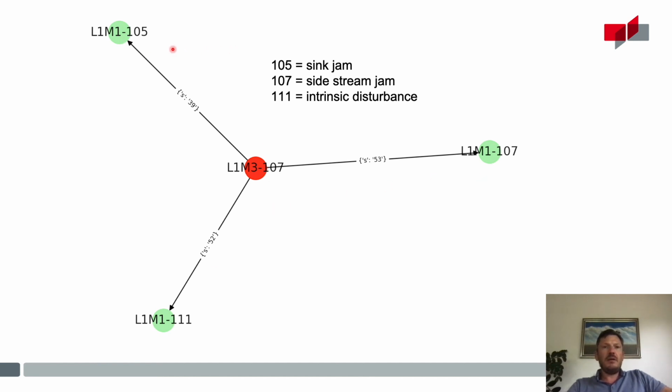Namely, machine status 105, which is a sync jam, status 107, which is again a side stream jam, and a status 111, which is an intrinsic disturbance. And now the interesting aspect is that these 3 types of malfunction have different reaction times, have different time shifts. So the first time shift is 39 seconds, the other is 53, and the third 52 seconds of time shift.